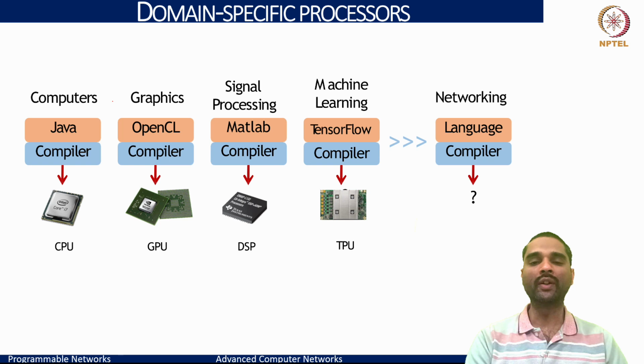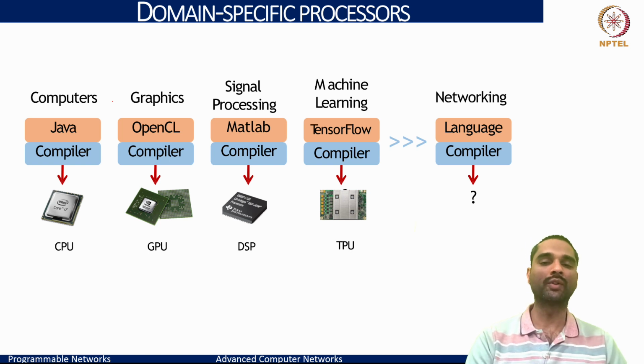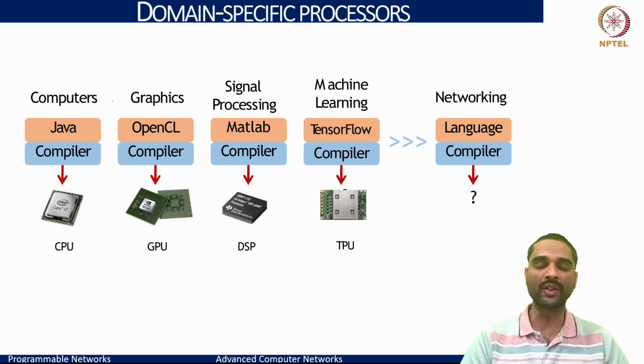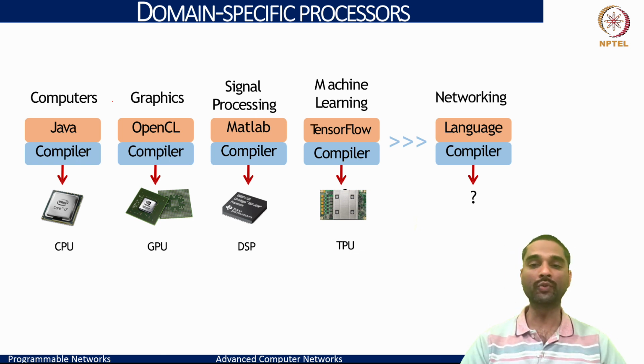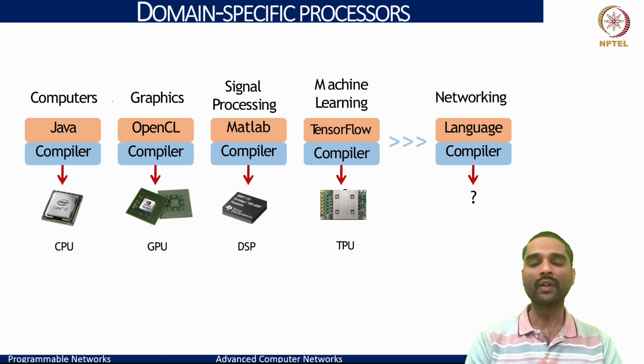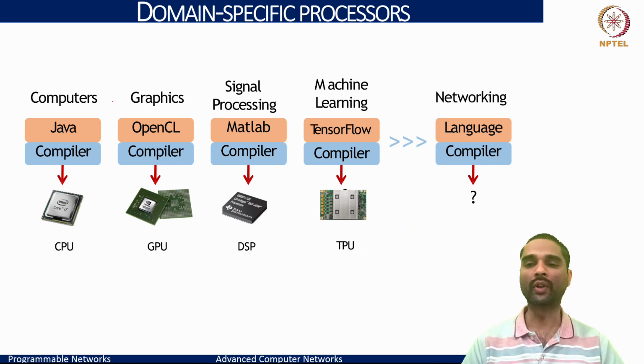And likewise, if we look at DSPs, we use MATLAB as a tool to generate signal processing applications and as a programming construct to compile and run the specific code on the DSPs. And even if we take TPUs for machine learning use cases, we would have the TensorFlow code that we would run through the TensorFlow compilers and run on the TPUs the way the user intends to do. So we would want similar constructs to be made available for networking.